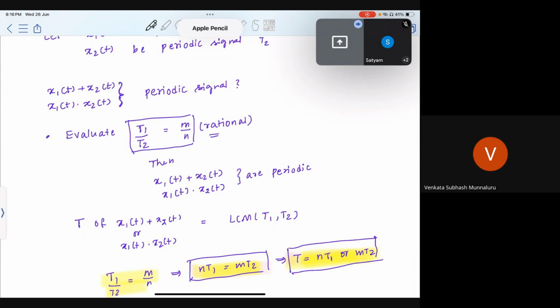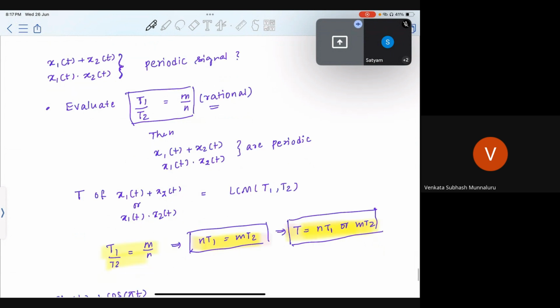So x1 of t minus x2 of t can be written as x1 of t plus minus x2 of t, and x1 of t divided by x2 of t can be written as x1 of t times 1 by x2 of t. Hence we are not bothered about the other two operations, so we only think about the plus and multiplication here. So if T1 by T2 is a rational number, then we say the manipulated signal is periodic.